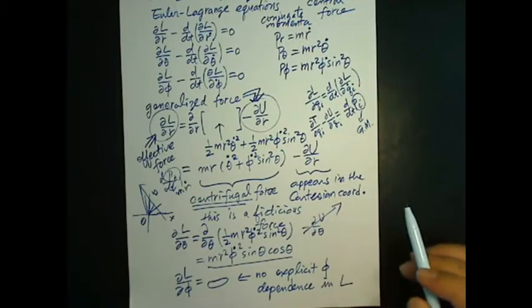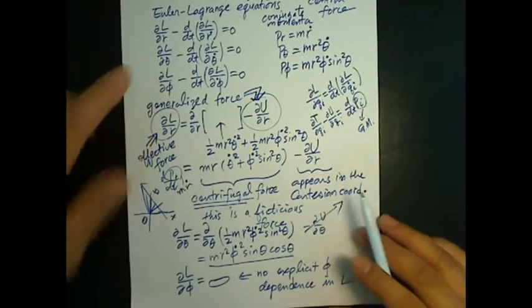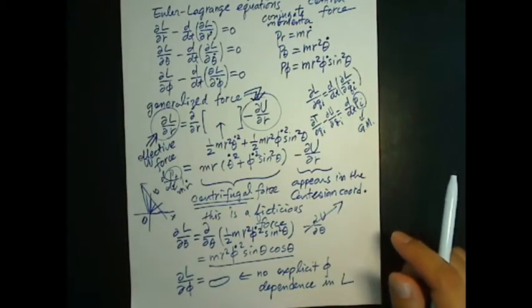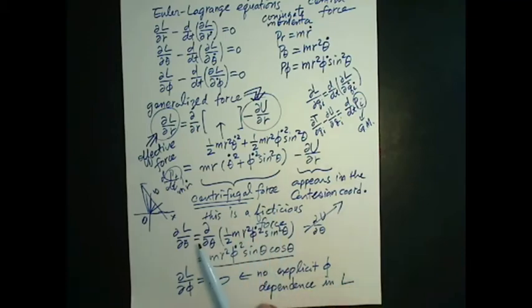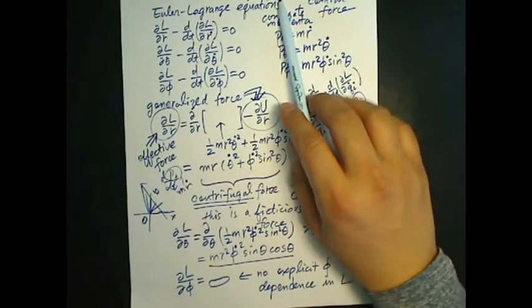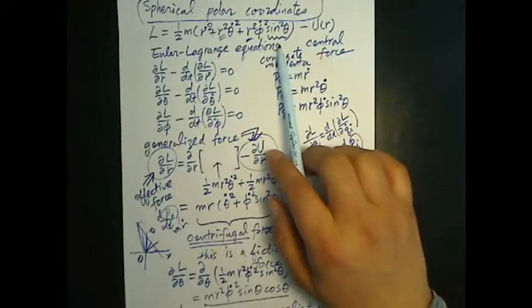And next step, we consider the equation of motion for the generalized coordinate theta. If we consider the theta contribution, we notice that theta dependence appears in the kinetic energy.